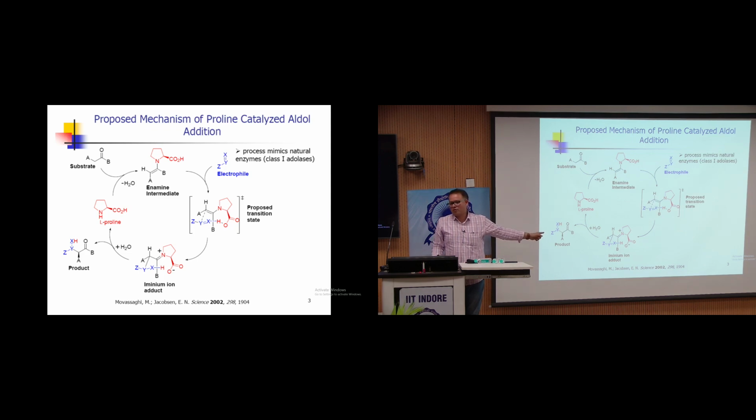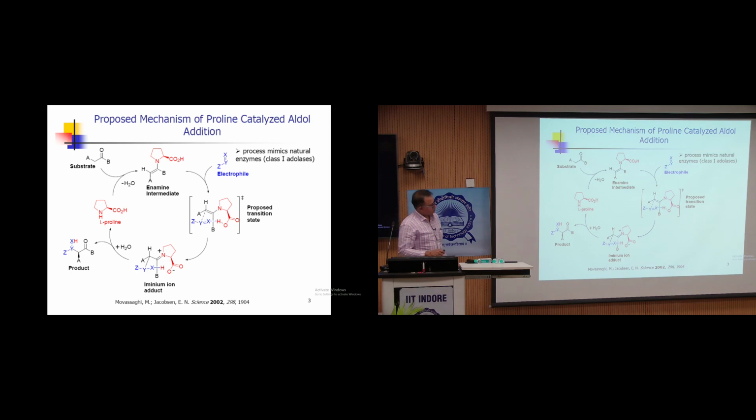So the first report comes from Eric Jacobsen in 2002 when he reports in this Science paper that this type of protein or enamine catalysis in the aldol reactions or aldol additions, we feel that it's mimicking natural enzymes like class 1 aldolases, and immediately the paper gets accepted with proper explanations in Science in 2002.